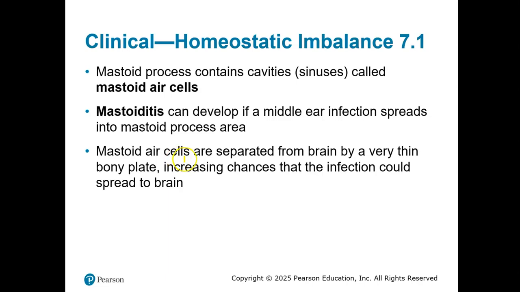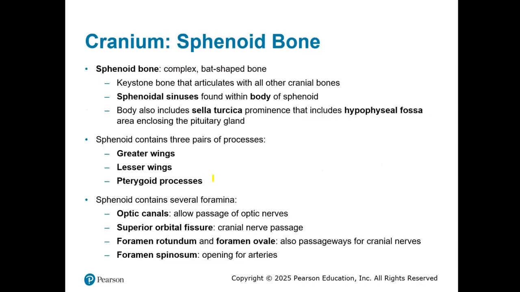The mastoid air cells are separated from the brain by a very thin bony plate, and that increases the chances that the infection could spread to the brain. So it's very, very important to clear up an ear infection before it does get to the point where it will spread and cause brain damage and possibly even death.